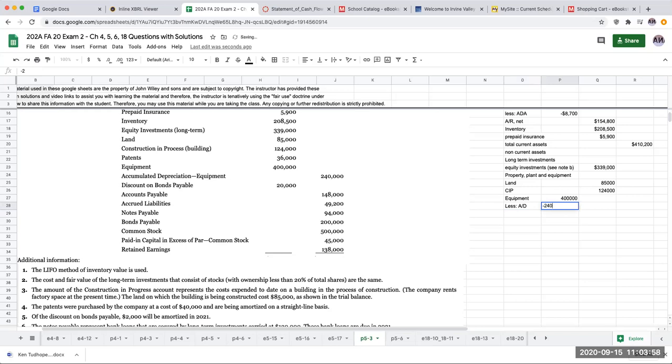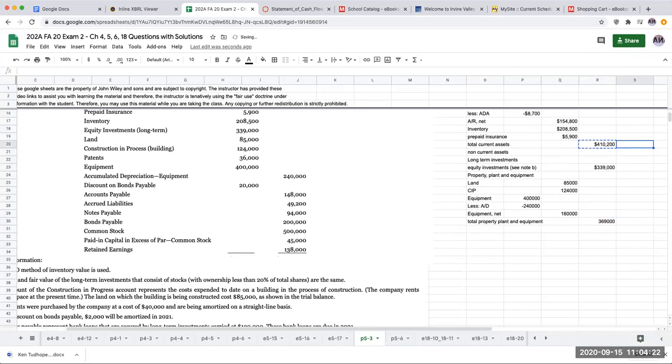The accumulated depreciation is 240,000, which will give me equipment net of $160,000. So my total property, plant, and equipment is going to be 85 plus 124 plus 160, or 369. Let's move these out a little bit.